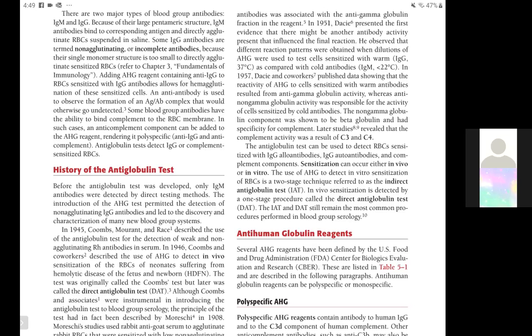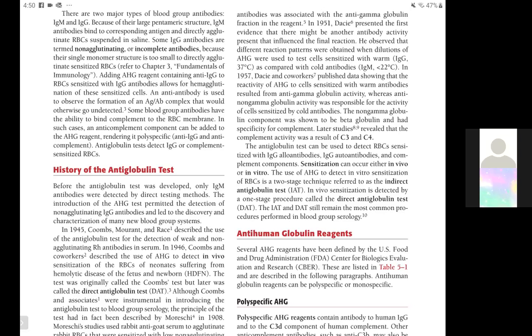Later studies revealed that the complement activity was a result of the C3 and C4 complement factors. The C3 and C4 caused the activation of these complement beta globulin parts on the RBC surface, and that could also be detected by the anti-IgG component.